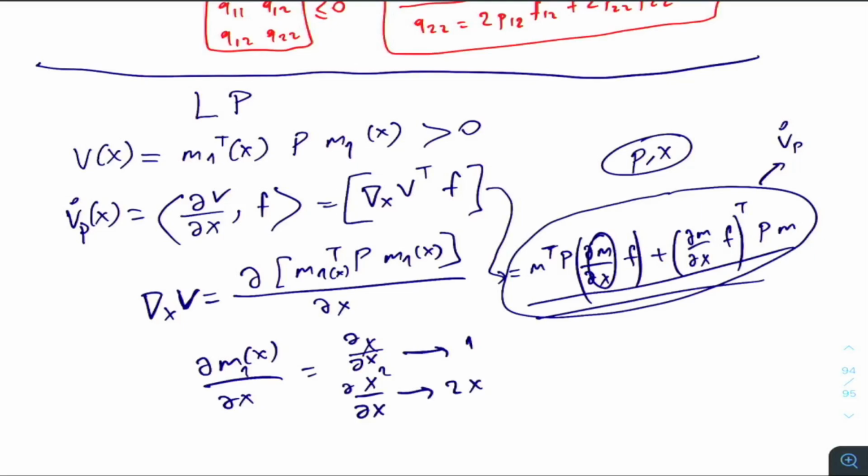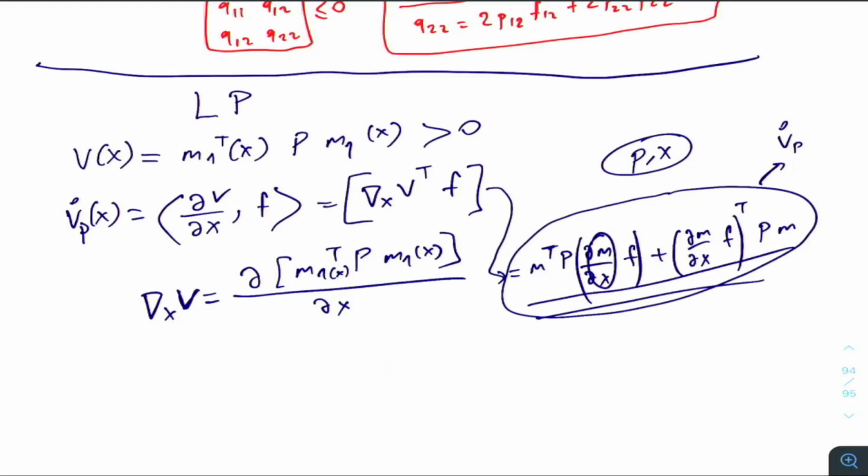Meaning we are going to get other x terms, and here x terms again. Having calculated V dot P, we are just going to represent it by V dot Q with M2 basis terms, Q and M2.